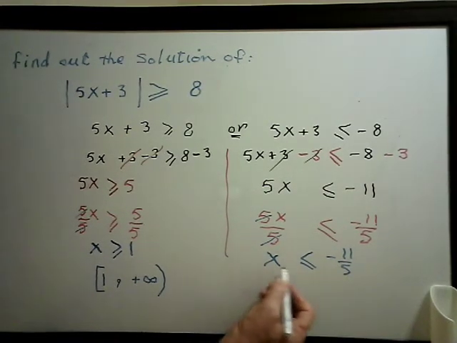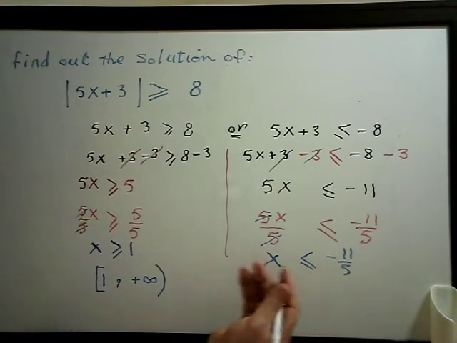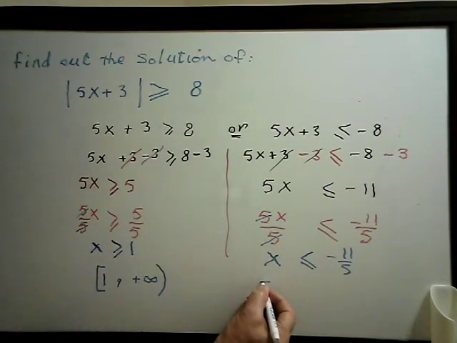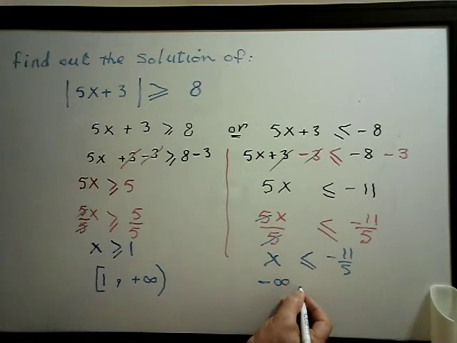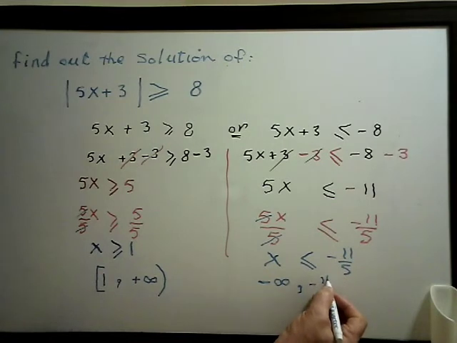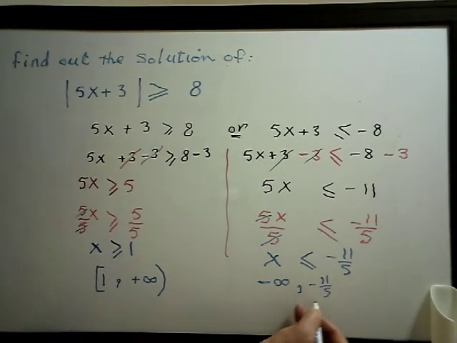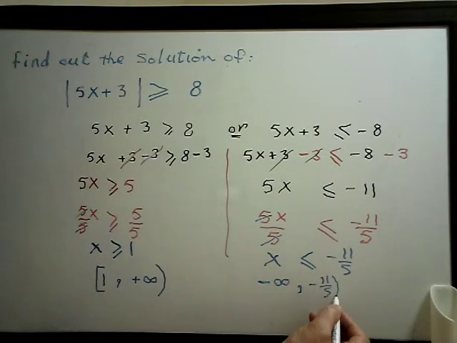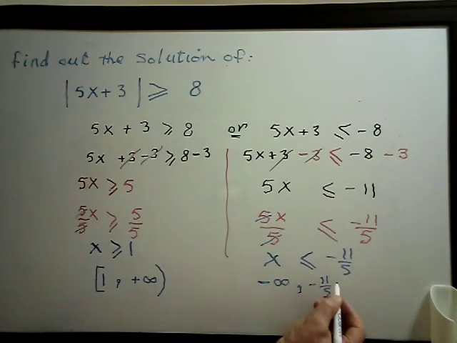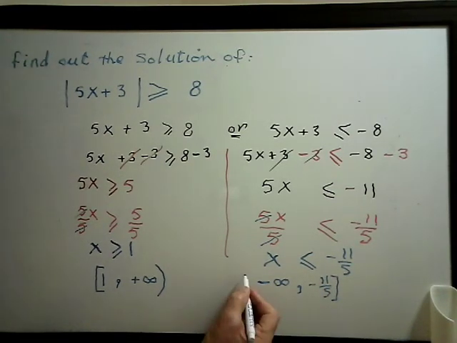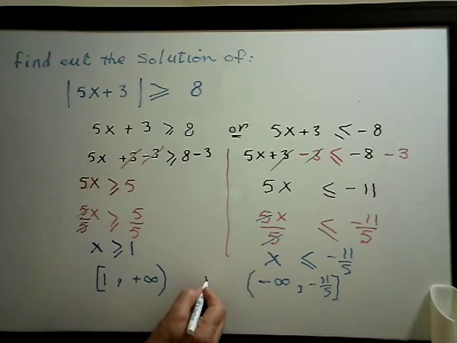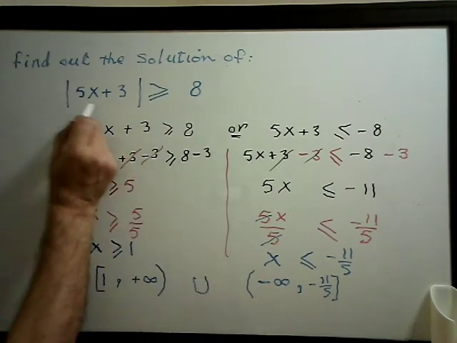This is also an interval, starting from, because it is less than, -infinity and stopping at -11 over 5. Open here, sorry, closed here because there is the equals sign, closed here and open here. So the union of these two intervals is the solution for this inequality.